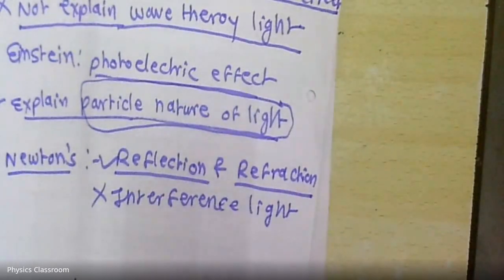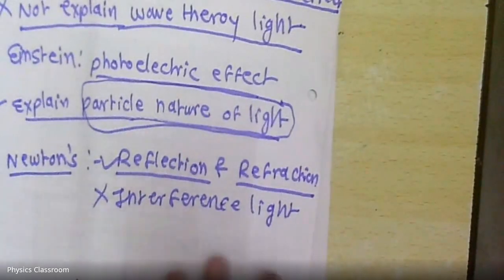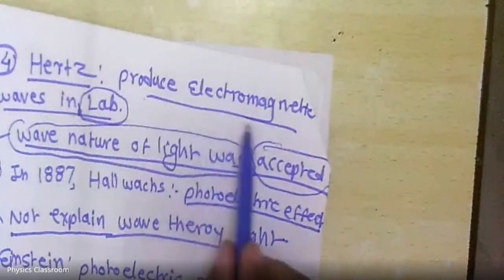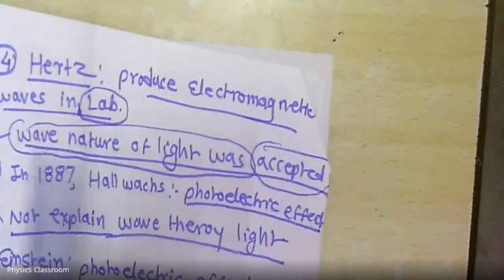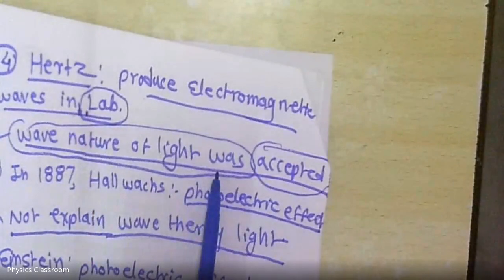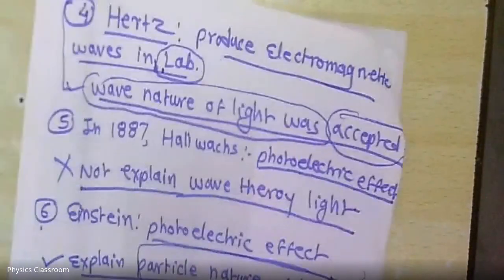Then, the fourth point states that Hertz produced electromagnetic waves in the laboratory, and after that the wave nature of light was accepted.